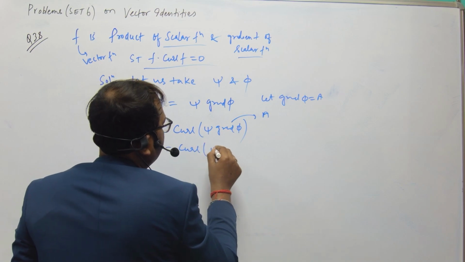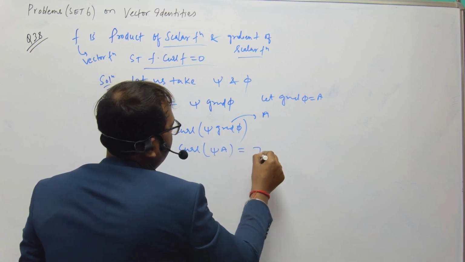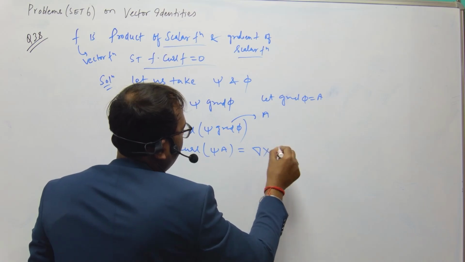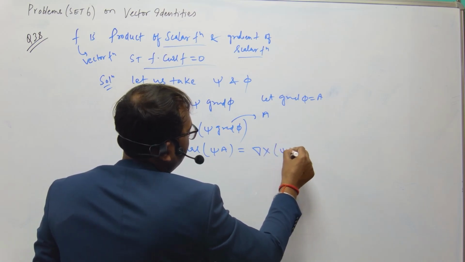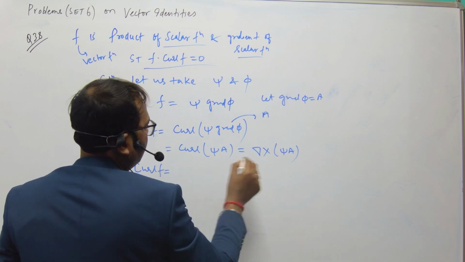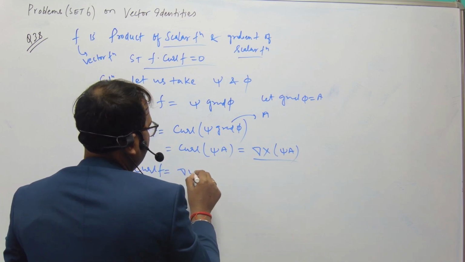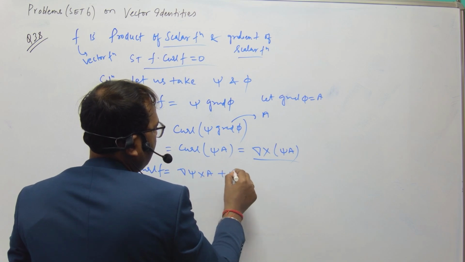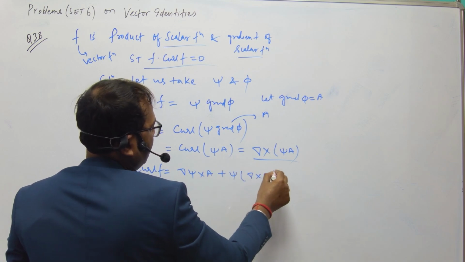Curl of psi a. The expansion of this will be del psi cross a plus psi times del cross a.